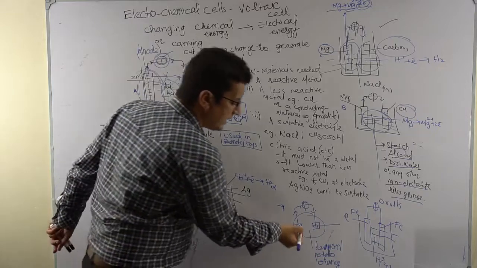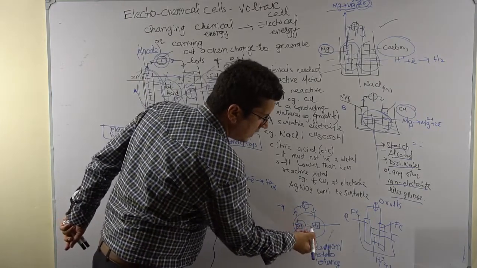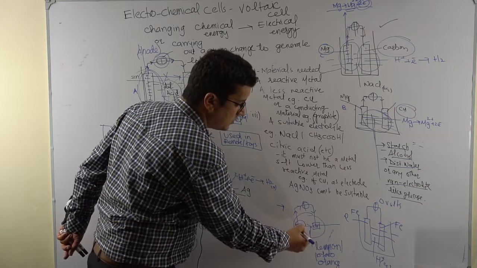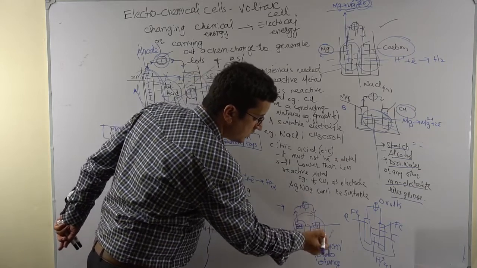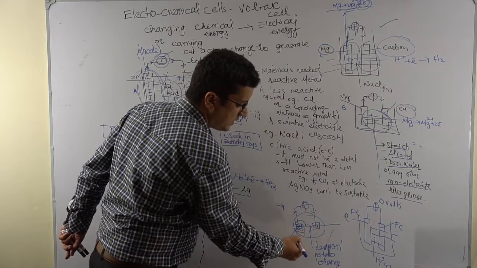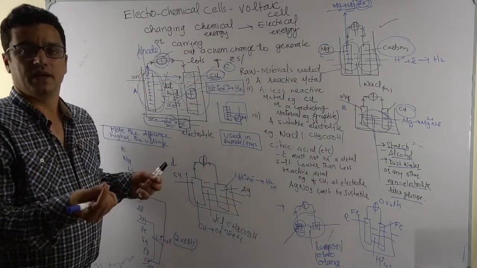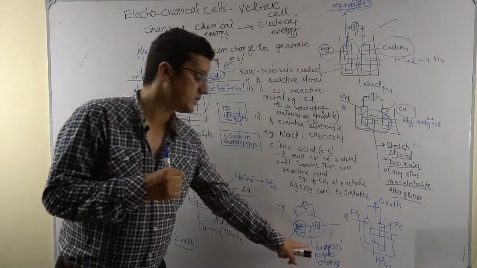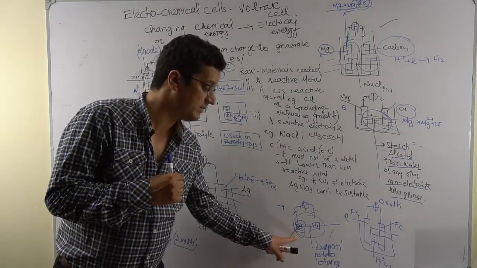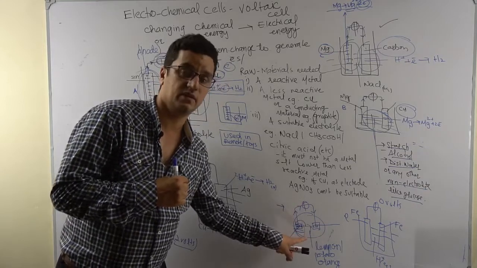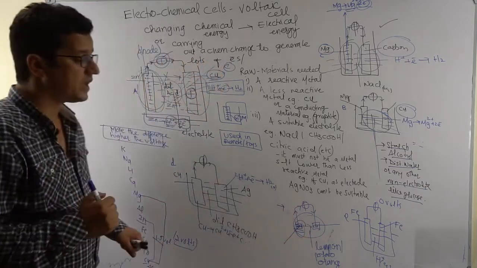The more reactive metal zinc goes into the lemon electrolyte as zinc ions, leaving the electrons on the surface. Electrons start moving from this terminal to this. This is loss of electron, negative, positive. And the bulb lights up, and they say they produce electricity out of the lemon. Actually the role is of the reactive metal, the less reactive metal, and the lemon which contains the electrolyte.